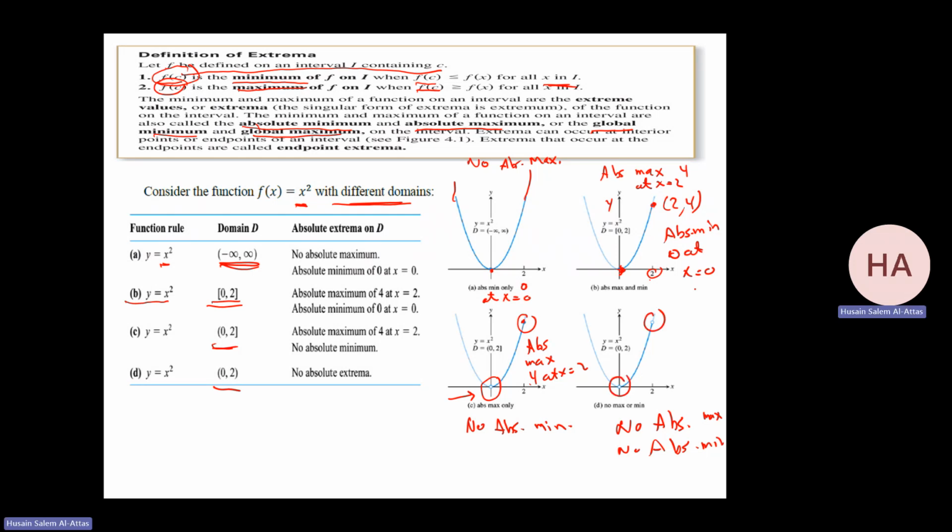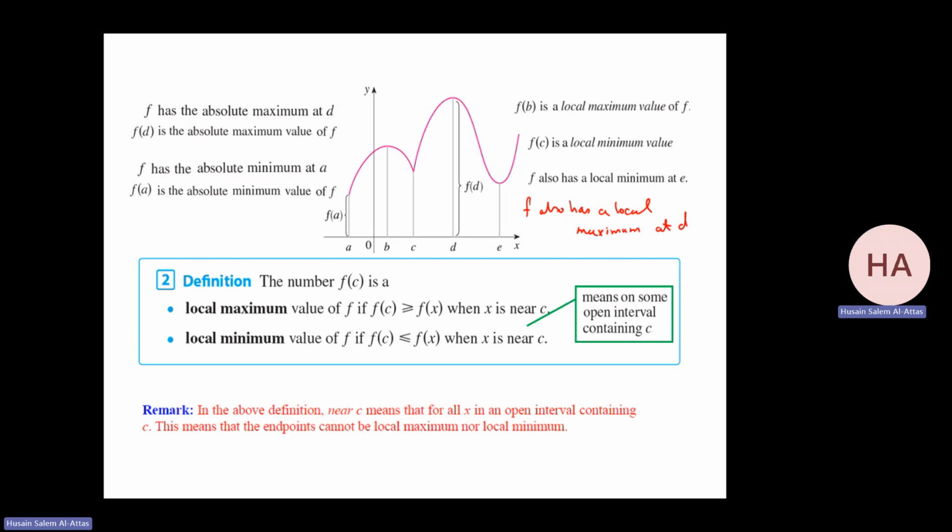Okay. Also, we need to define what's called local maximum and local minimum. Now we need to be careful. Local maximum means that we want to find the maximum locally. Also, we call it the relative maximum.